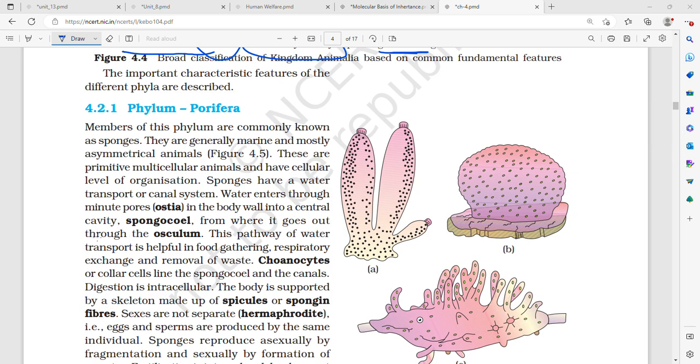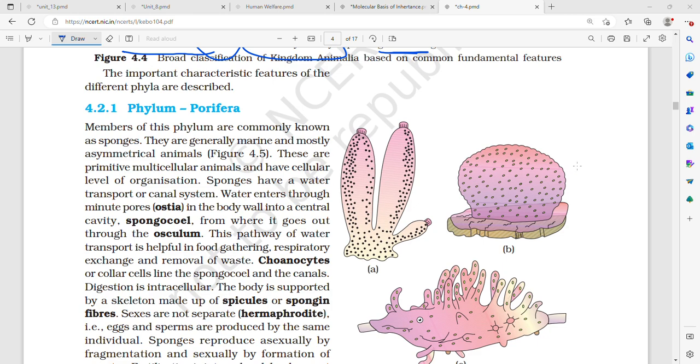And in Platyhelminthes, Aschelminthes, Annelida, Arthropoda, Mollusca, and juvenile or pre-adult Echinodermata and Hemichordata, it is bilaterally symmetrical. Bilateral symmetry, that is, only in one plane you can divide.